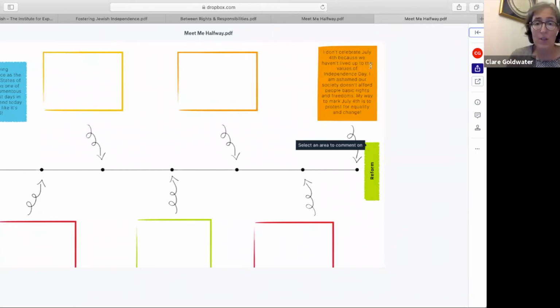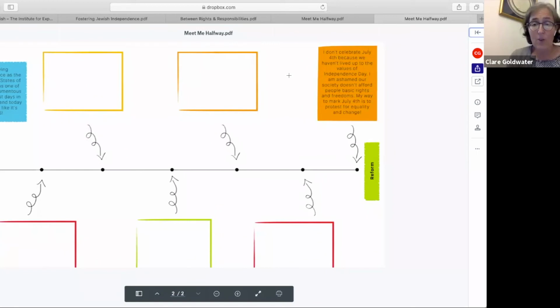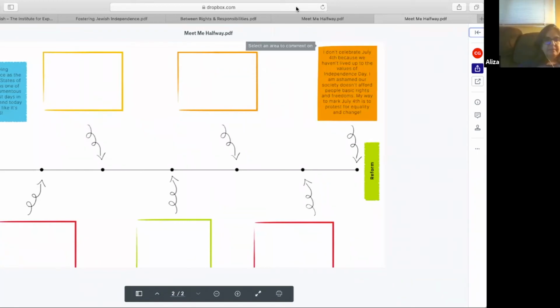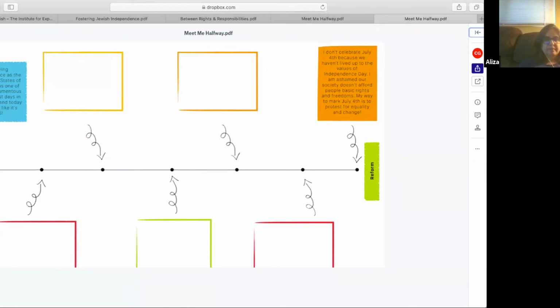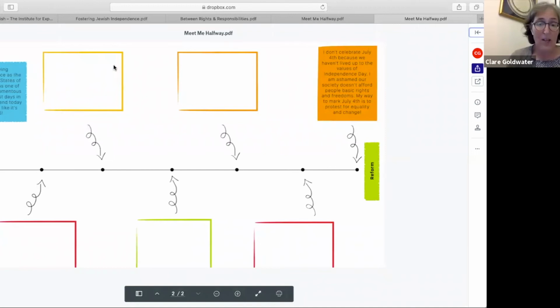And what I want to invite you to do is to go to the top of your screen and annotate. You can look for the annotate button, which should allow you to write on this page, and you can go to text.